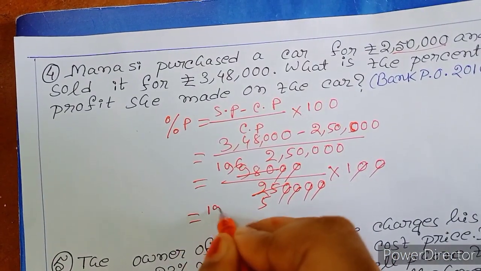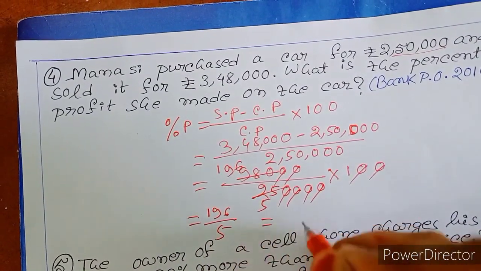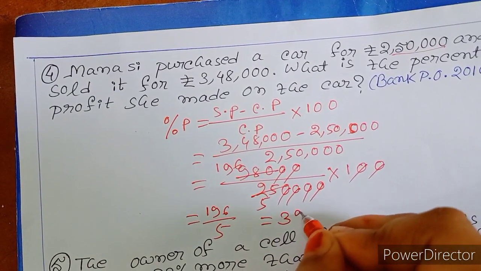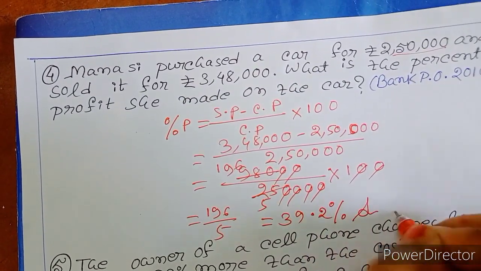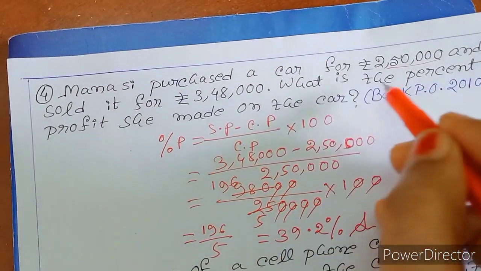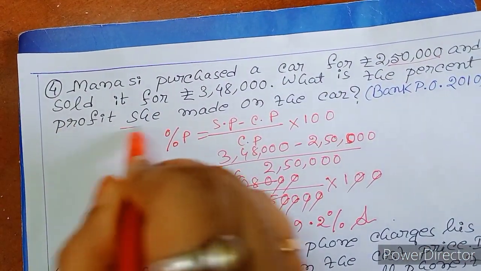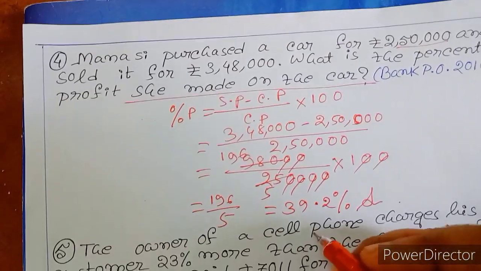So 196 by 5 equal to 39.2%. So the percent profit she made on the car is 39.2%.